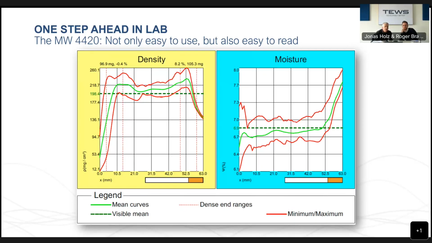So that's the green line. And optionally, we can display or hide red lines for maximum and minimum density and moisture at each profile position. And there is another set of blue lines for the standard deviation, which in my feeling are too many lines displayed on the graph.